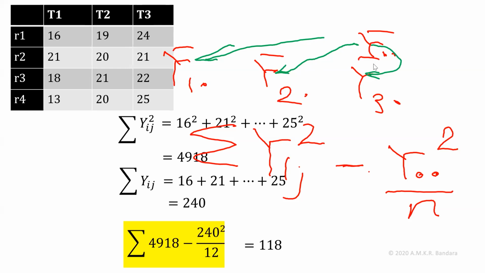This variability we refer to as treatment variability, or between treatment variability, or between groups variability. We have a formula to calculate this between treatment variability. We use the earlier formula to calculate the total variability of the observations, and we have another formula to calculate the between treatment variability.